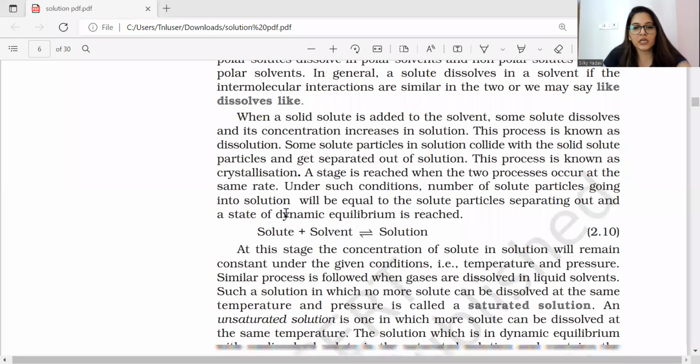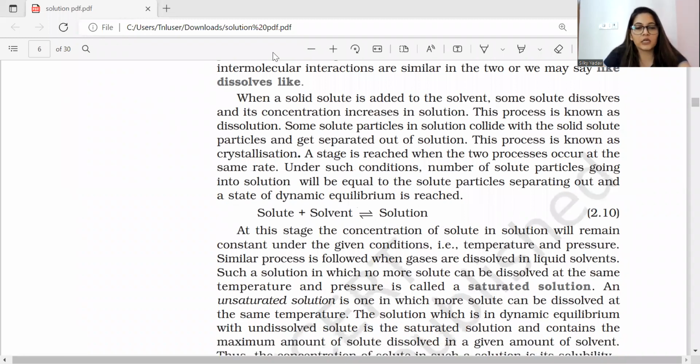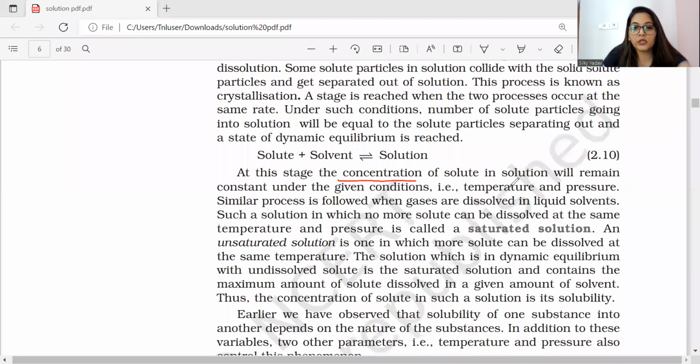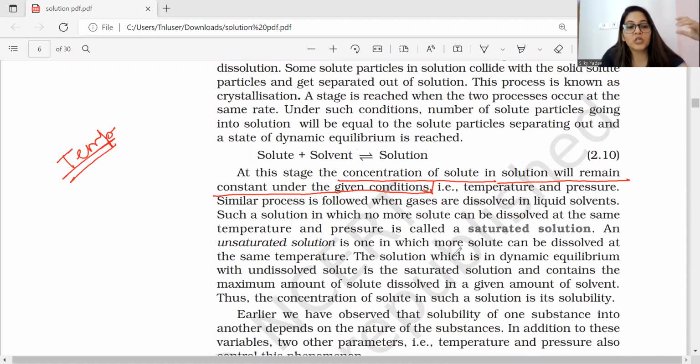Okay, so at this stage, the concentration of solute and solution will remain constant under the given condition. That means the stage will remain the same because you have not changed anything. But as soon as you change the temperature or the pressure, the amount of sugar that would dissolve in water changes.